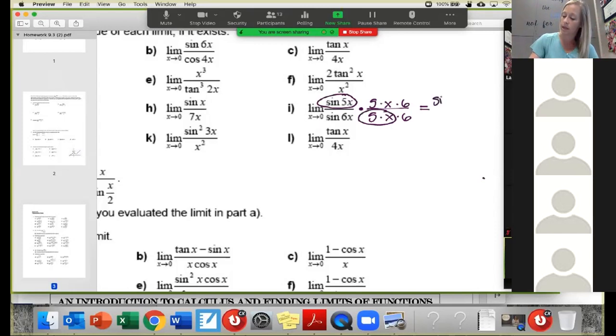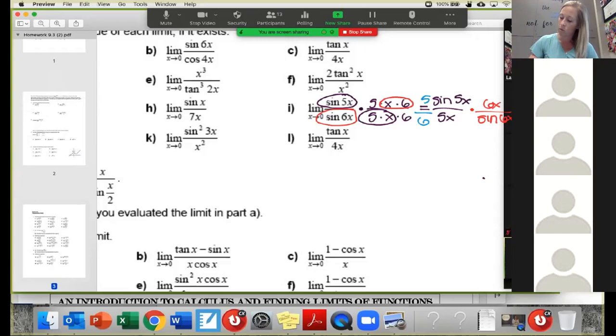I am then going to take this sine of 6x and put it under that 6x. And then the leftover 5 on top and 6 on bottom, I'm going to stick out front.